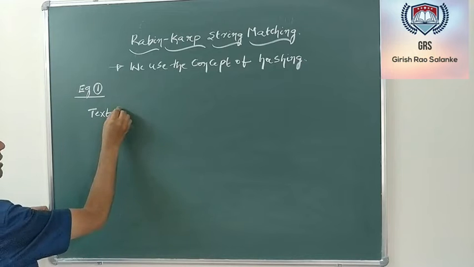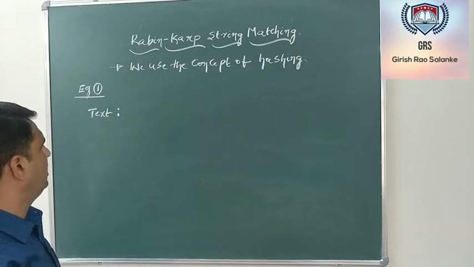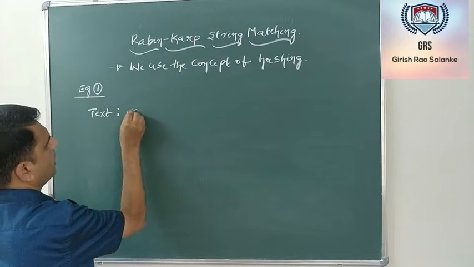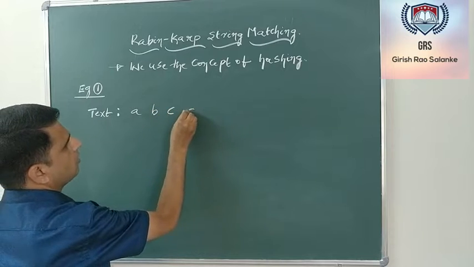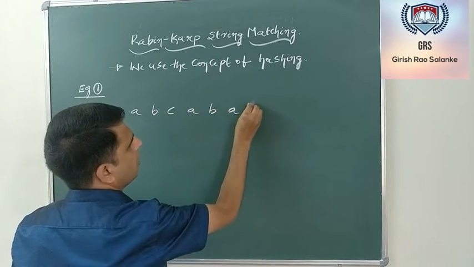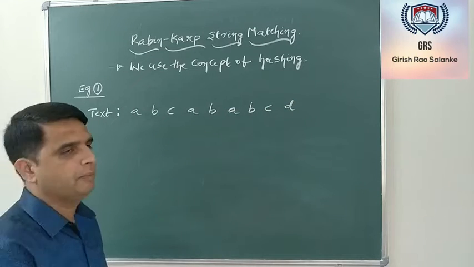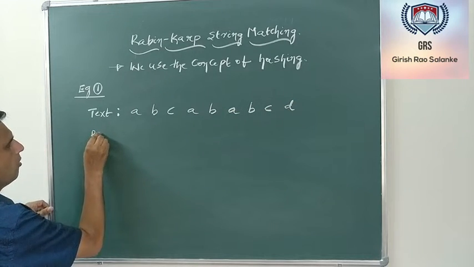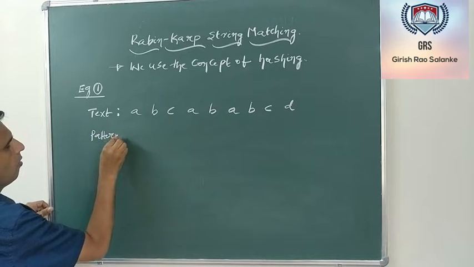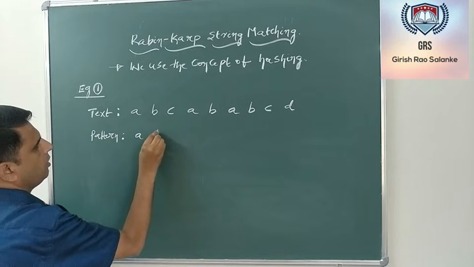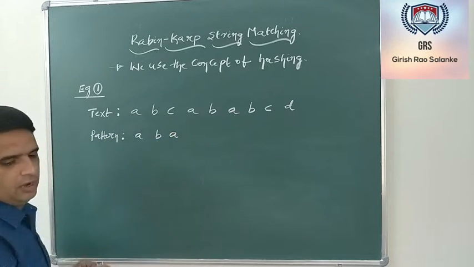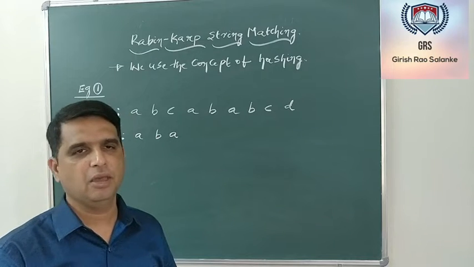Let me denote my text T with the alphabetical characters A, B, C, A, B, C, D, and let me have my pattern as A, B, A.